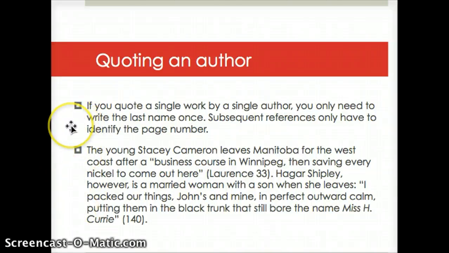Just some tips. If you're quoting from an author, you only have to use their last name following the first reference. So in your citation, you just need the last name and then the page number for MLA style. And after that, if it's the same text you're using throughout, you can just use the page number.